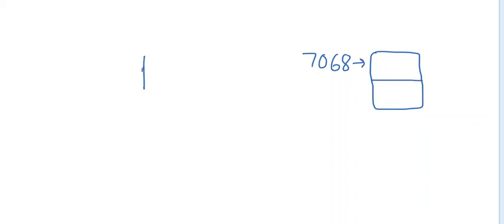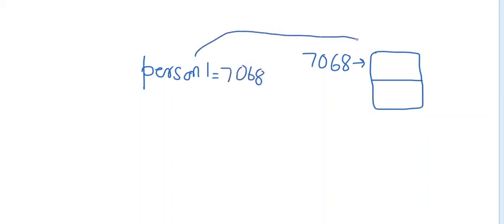So our person1 reference would be equal to 7068, or you can link person1 to the first object, in which we have Ashton, and its age is set to 56.